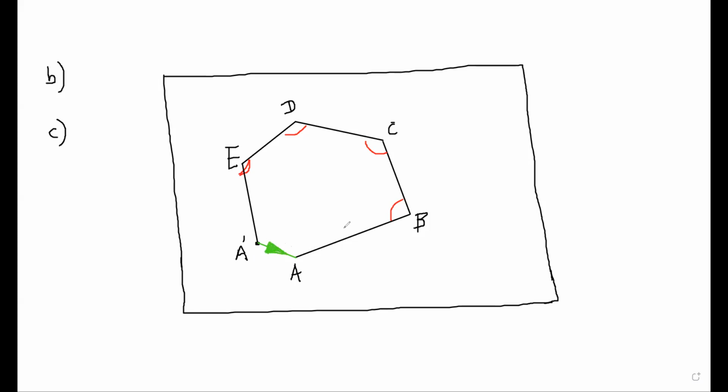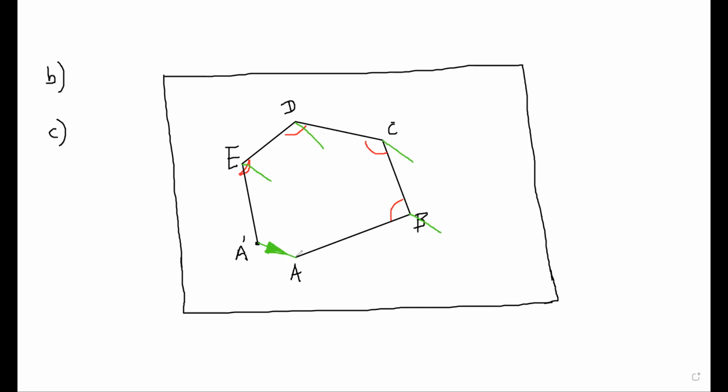As a result, what will happen? All the other points also get disturbed a little bit. How? This is just an assumption, one method developed by one professional. We draw parallels to this A dash A line from all the points.